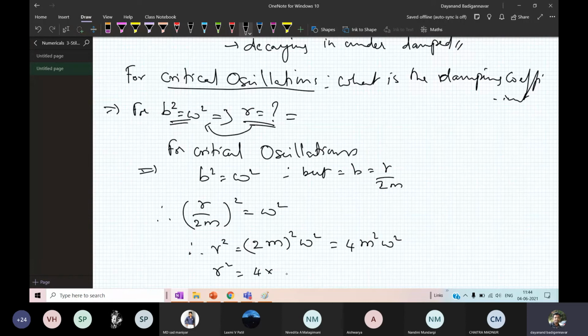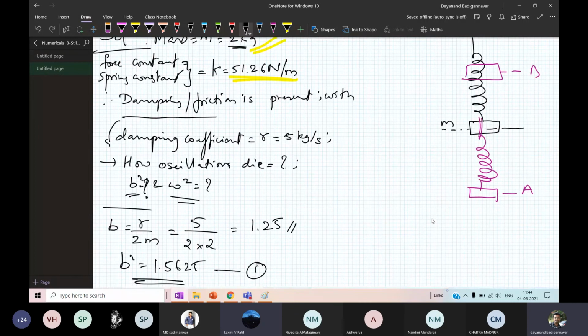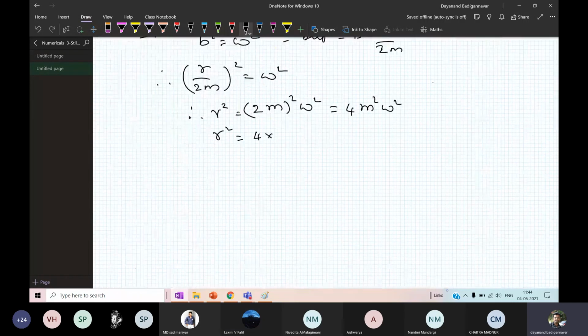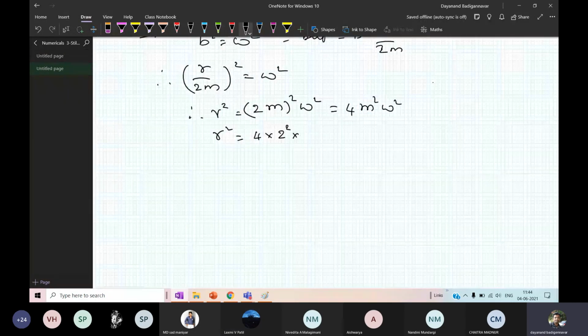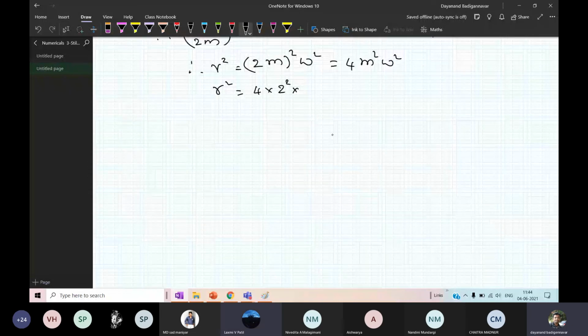r square is equal to 4 into m square. What is m? M is the mass that is hanged. Mass is 2 kg. So it is 4 into 2 square into omega square. How much is omega? We have done the calculation. Omega square is 25.60.